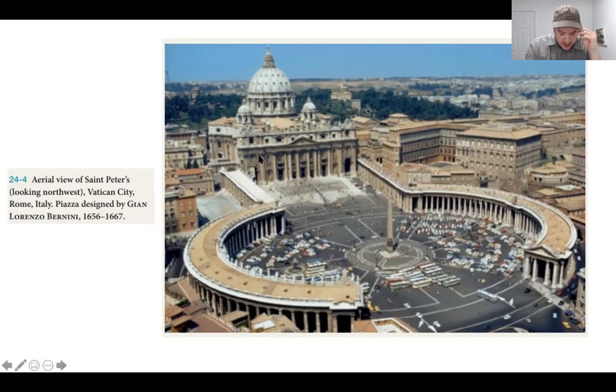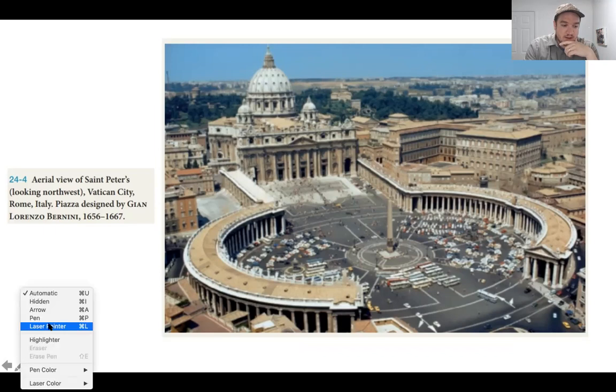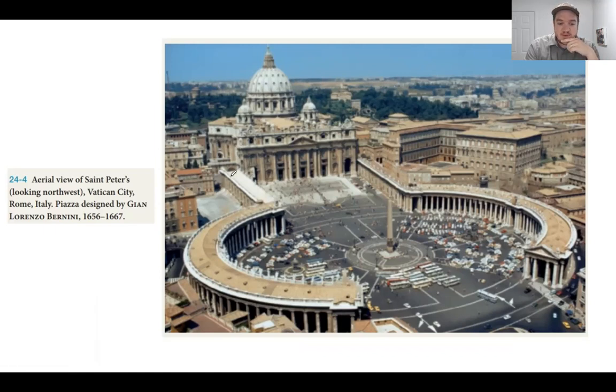They commissioned Bernini to develop these colonnades, these long, classical-inspired structures.